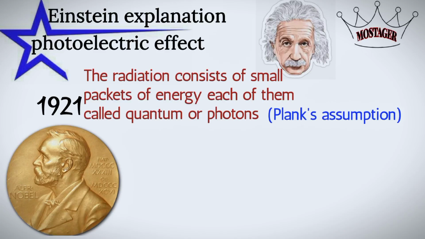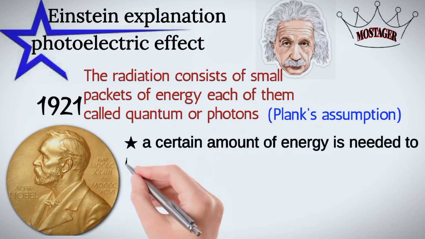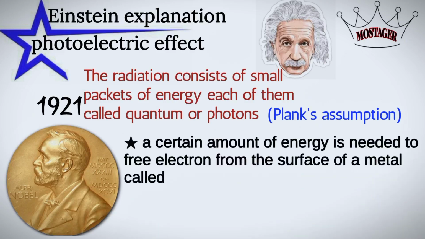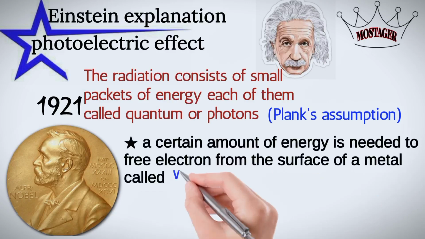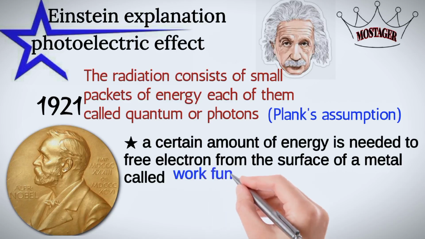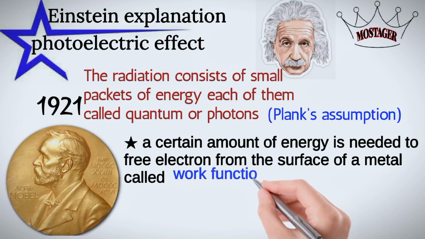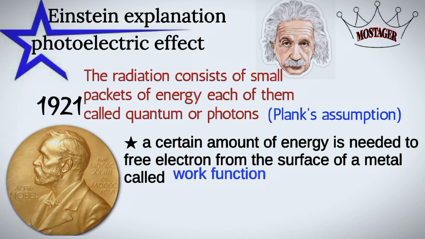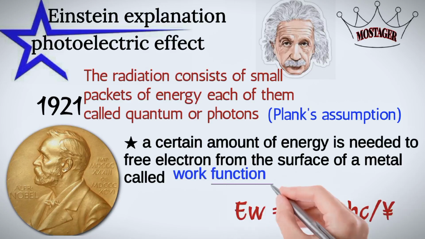A certain amount of energy is needed to free an electron from the surface of a metal, called the work function. The work function is determined from the relation: work function equals Planck's constant times critical frequency, equals h times c over critical wavelength.